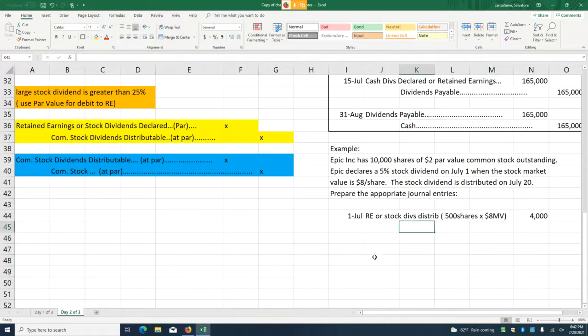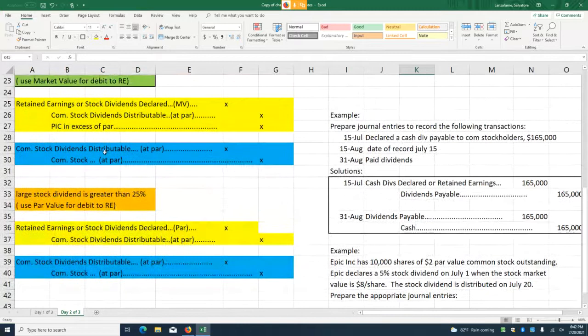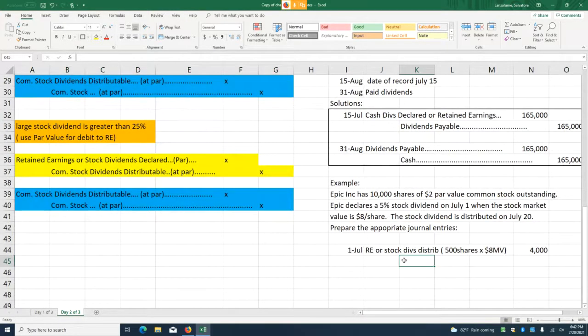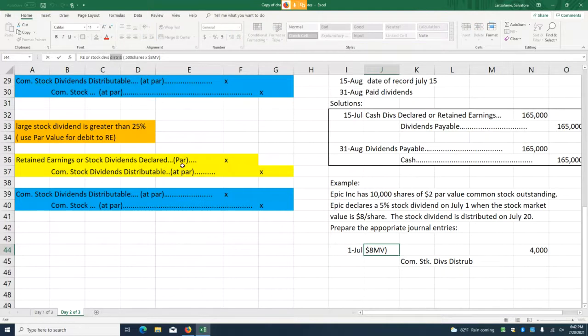Now keep in mind, we also have to record the base value of that stock, and that's where the common stock dividends distributable at par comes in. So I'm going to credit the common stock dividends distributable. Actually, I'm going to go back and fix this language here: dividends declared. That would be better.